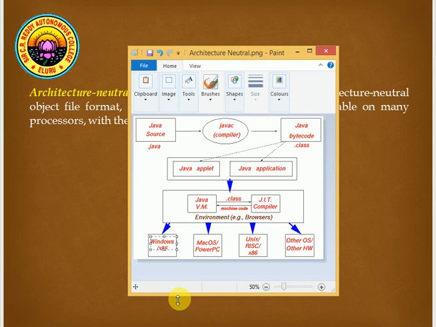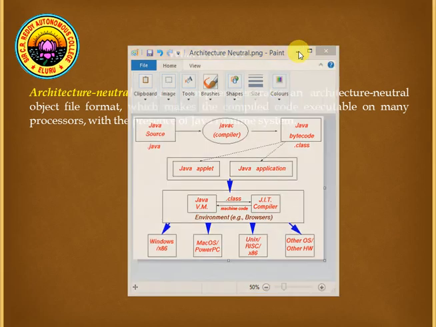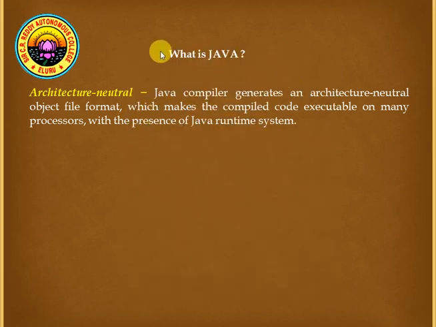So different operating systems are maintained on different hardware, and each hardware may consist of different processors. Finally, we can say that whatever code is written in Java can be run on many processors with the presence of the Java runtime environment or Java runtime system.